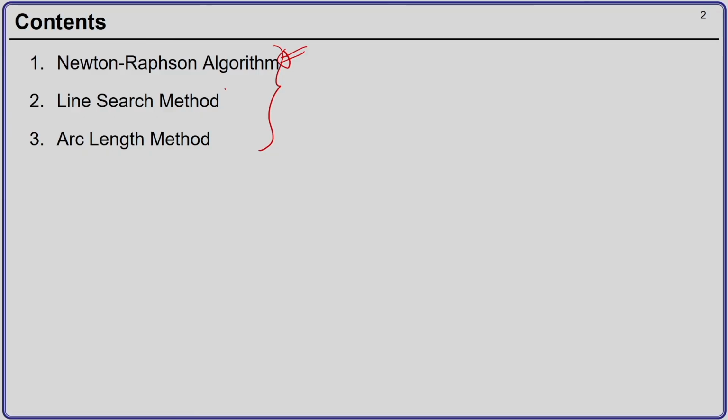And finally, we will discuss two methods, the line search method and the arc length method, which are used when the Newton-Raphson method faces convergence issues or cannot solve a certain problem, because of the peculiar nature in which the load deflection curve behaves.